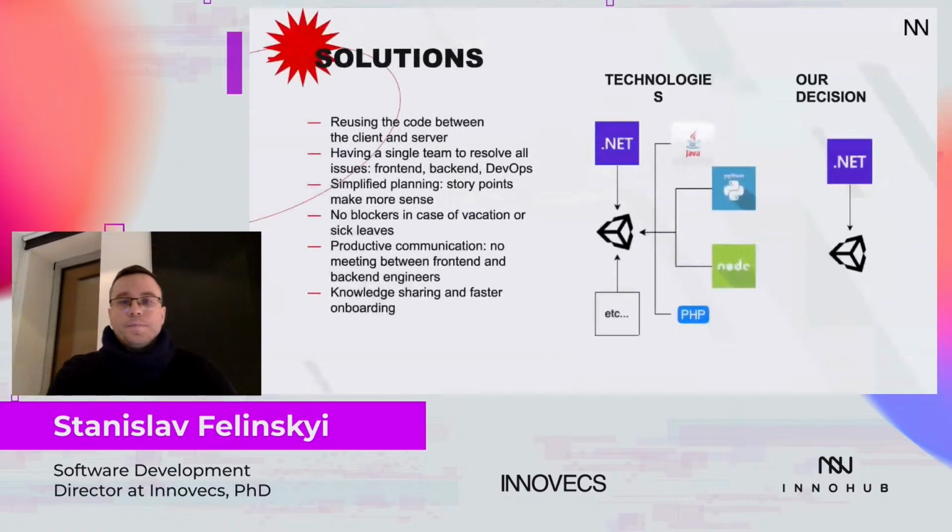Okay, moving next. There are many possible solutions to create a backend for games, like Java, Python, Node.js, PHP, Perl, .NET, and so on and so forth. Many of us who are working as Unity engineers were definitely working with the backend part.